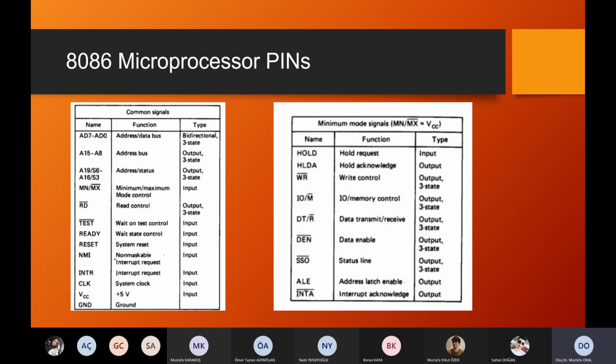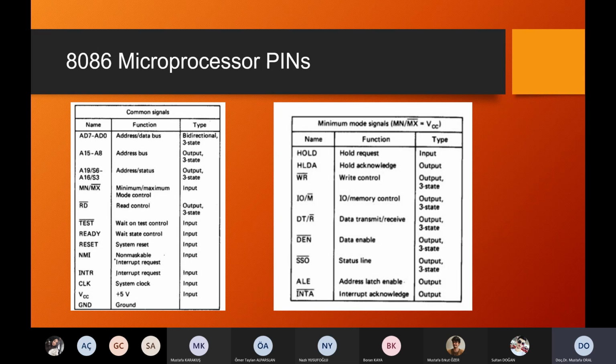We would need 2 terms, and since we are not electronics engineers, I will not be dealing with maximum mode. I will just introduce the minimum mode, which is the basic operations. Therefore, I will introduce what is specific to minimum mode signals and what the common signals are.